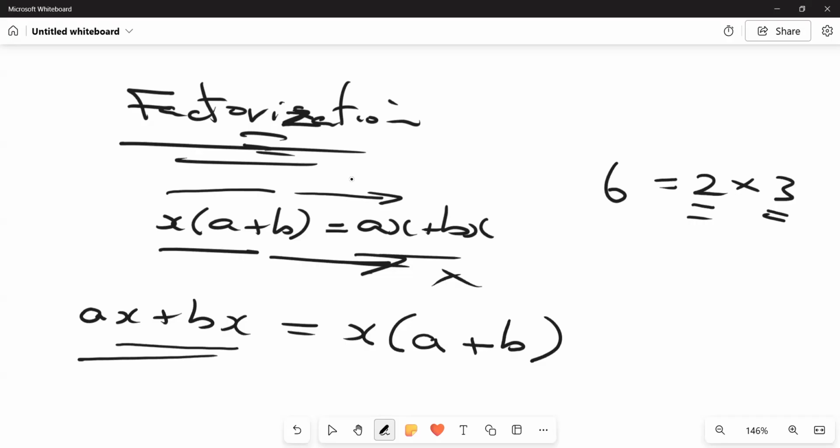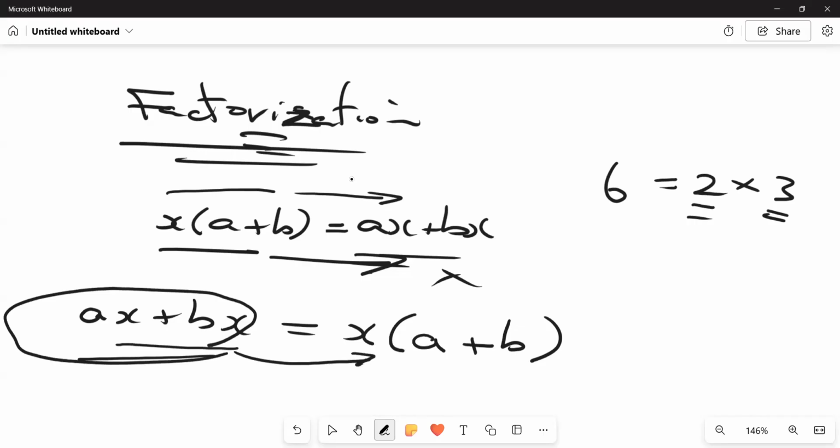So we're going to take this and write it as a product of its factors, because what you see happening here is x multiplies a plus b. So x is a factor of this expression and a plus b is a factor of the expression. So you write it as a product of its factors. That's what factorization is about: taking an expression and writing it as a product of its factors.